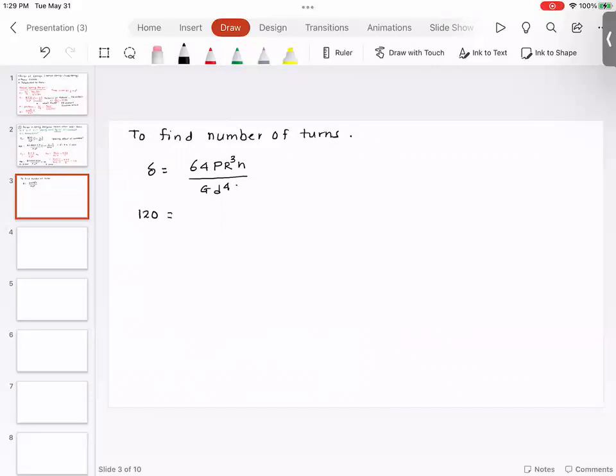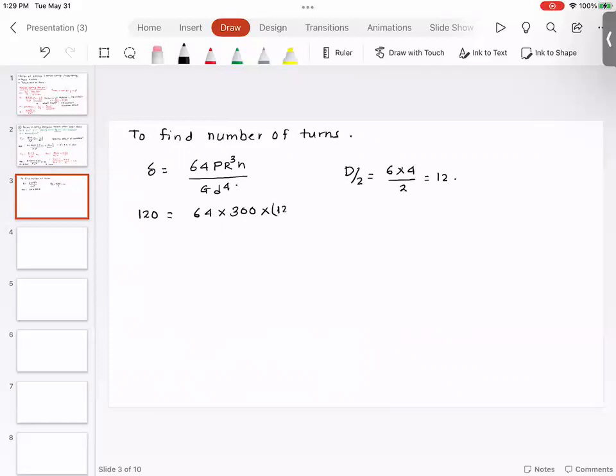So 120, 64, 300. R is diameter divided by 2. So 6 multiplied by 4 divided by 2 is 12.